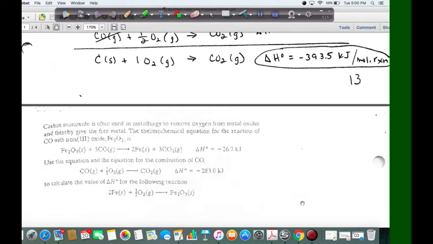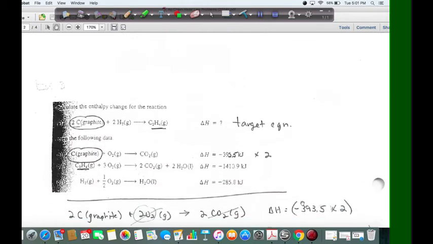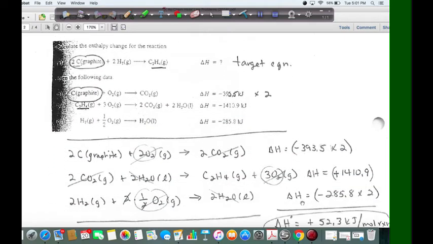But what about one like you'll find on the back of that page? Sorry, it's just a bad copy. So this is my target equation. This time they didn't tell me what the answer was, so I won't be able to check it. I see here that I have 2 carbon in the form of graphite. These are my 3 equations, step 1, step 2, step 3. Here I have carbon in its graphite form, but there's only one of them.